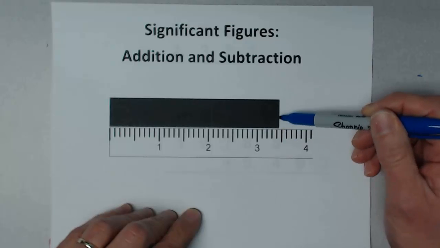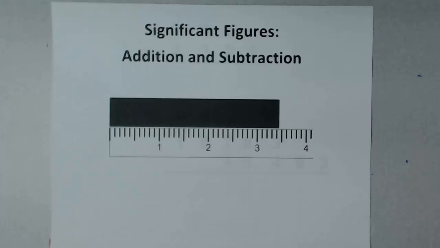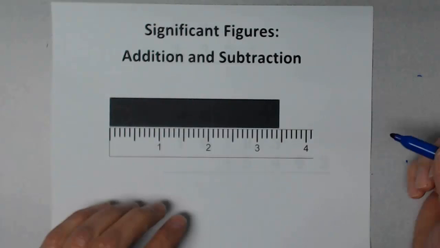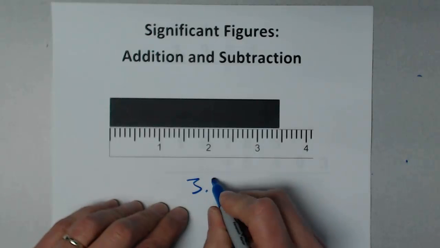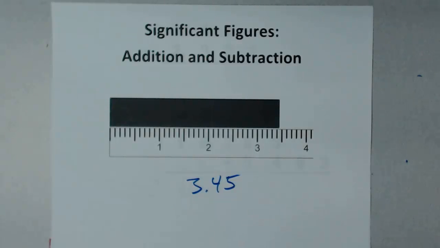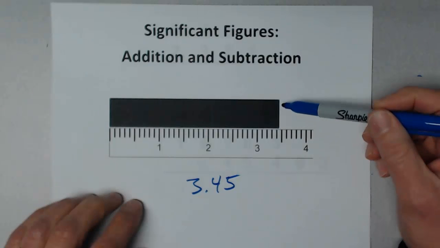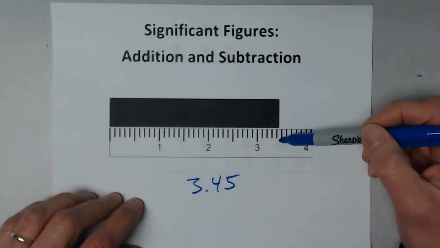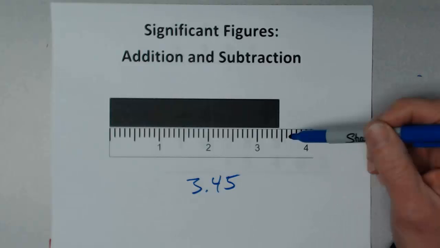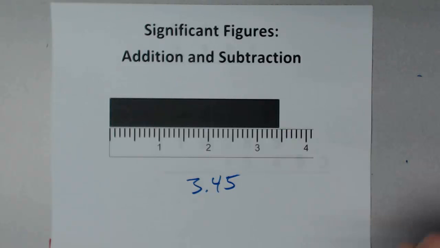What I'm not sure about is the nearest hundredth, but 3.45 is about the best I can do, because where this lines up, it's just about halfway between the 3.4 and the 3.5. Now, someone else might think that maybe it was 3.44 or 3.46, but all of us would agree about the 3.4 part.